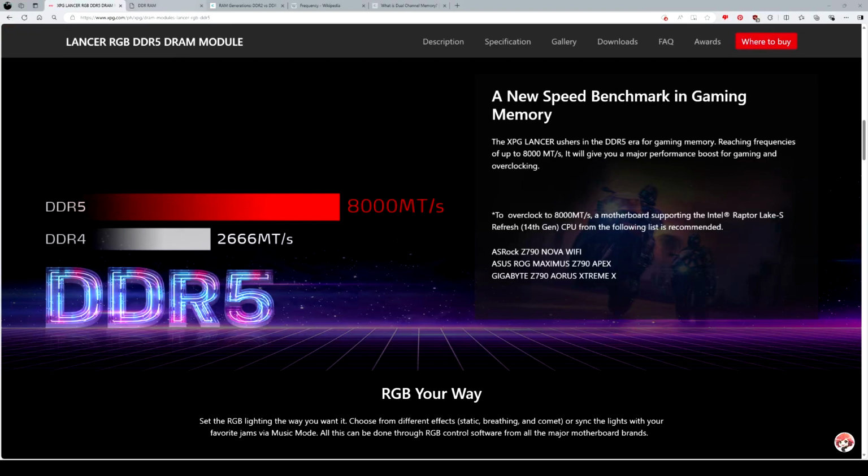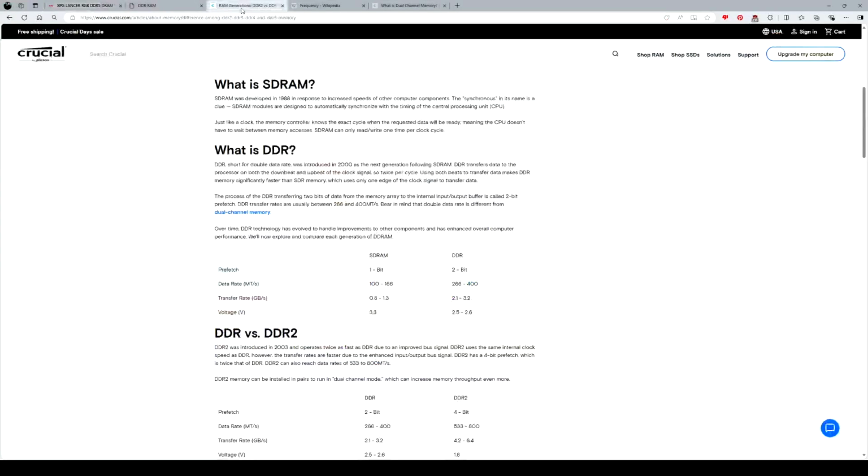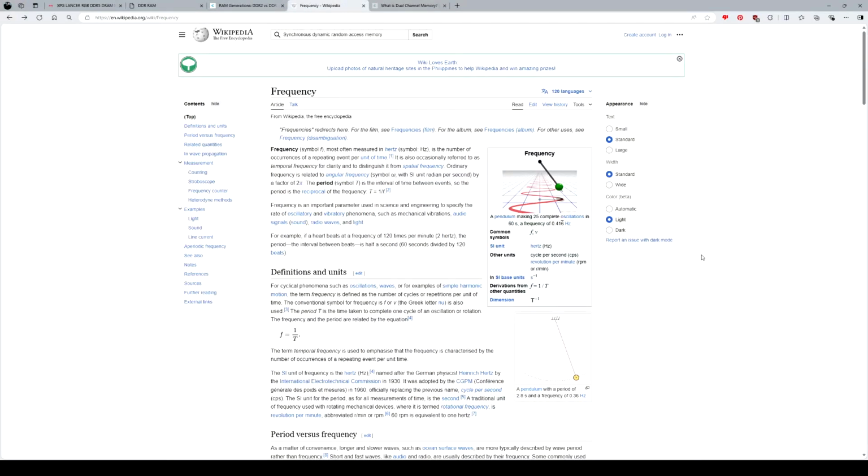With the introduction of double data rate memory, or DDR, the data being passed by the CPU to the RAM is doubled, but not necessarily the frequency or speed in megahertz. Megahertz is simply the frequency or speed, and for DDR RAM, it is simply read as half of the rated megatransfer speed.